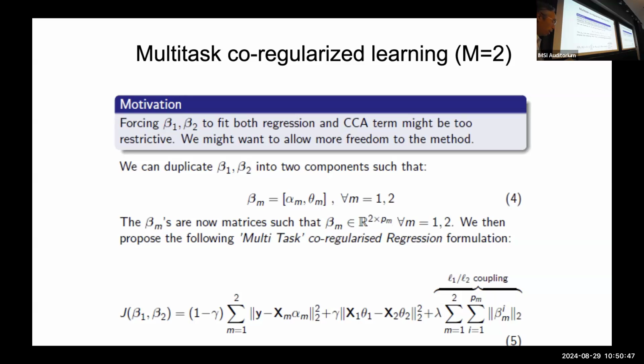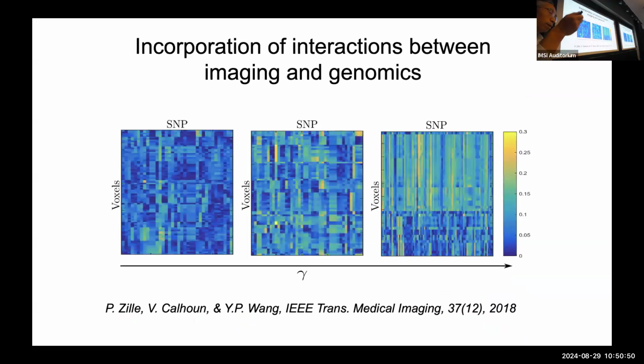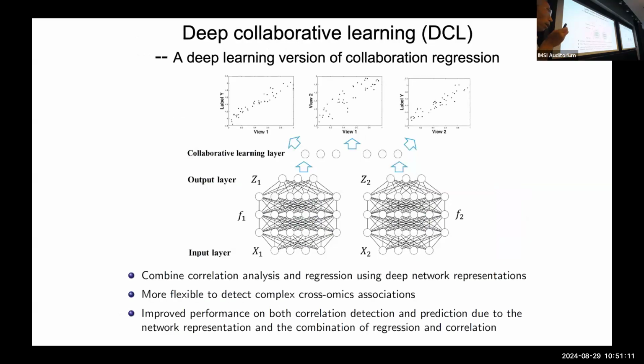This gives us an advantage for incorporating the interactions between imaging voxels and the genomic SNPs, and we can tune the parameter gamma to incorporate such interactions. However, this is a linear model, and it cannot incorporate the complex interactions both within the same modality and between modalities.